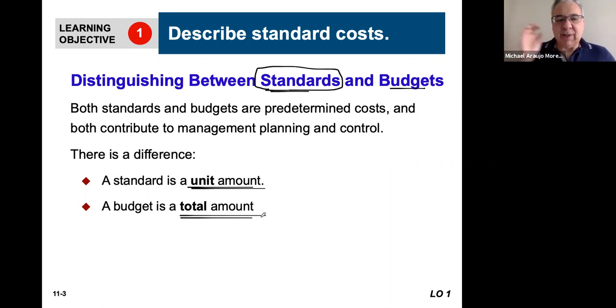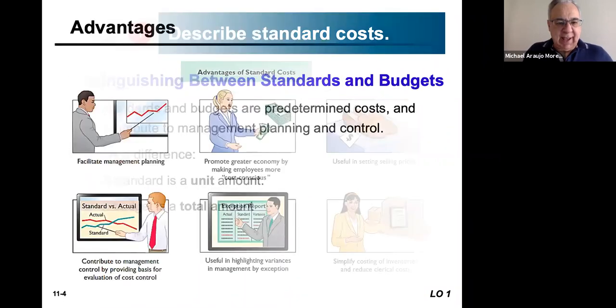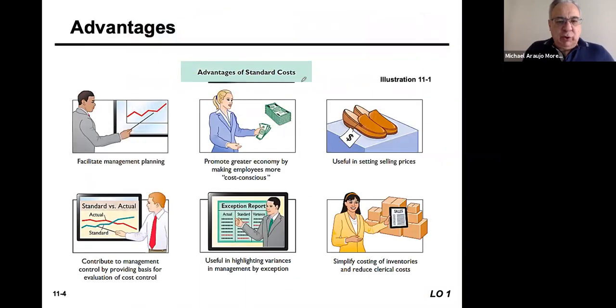Oftentimes it really comes down to what's happening, and you're going to find this out in more detail today. Standard costs have specific advantages, specifically for management planning. They help employees understand the costs involved in various things, and help us understand what we should be selling items for.